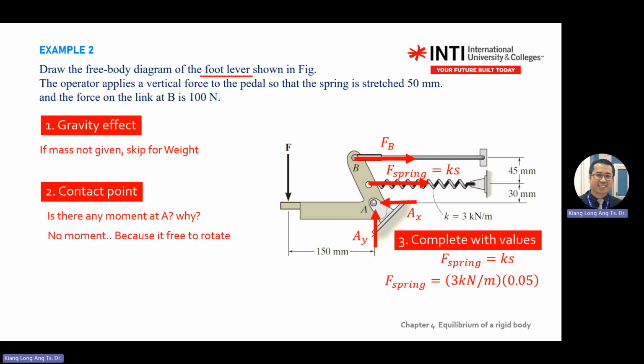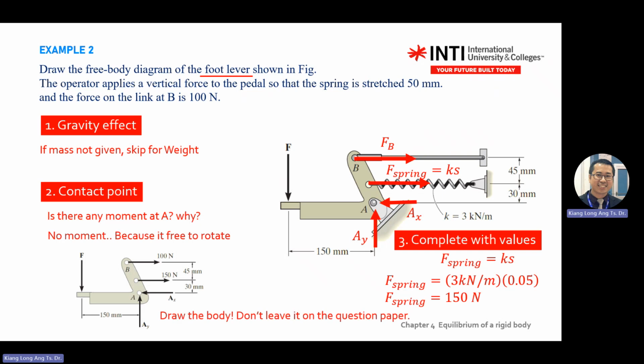You do this at the side, some area inside your working sheet there. You write F spring, or force for the spring, equal to Kx, then only you substitute Kx multiplied by the extension here, 50 mm, you put in there in meters. Okay, so this one is not our focus today, the calculation. Right, so these are the diagrams, should be.